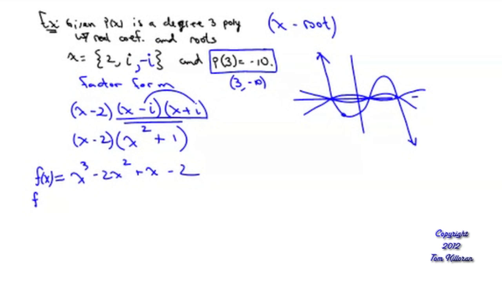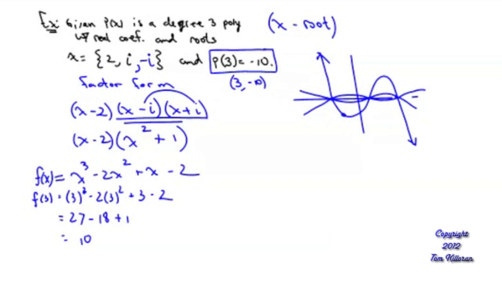So we're going to do f of 3, which is equal to 3 cubed minus 2 times 3 squared plus 3 minus 2. Let's see, that's 27 minus 18 plus 1. This is 10. It's not negative. But the answer is supposed to be negative.